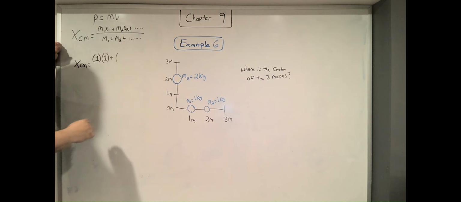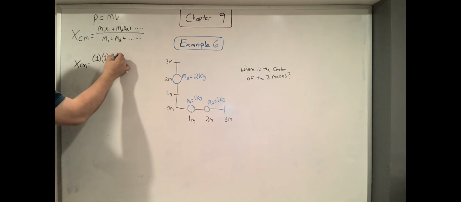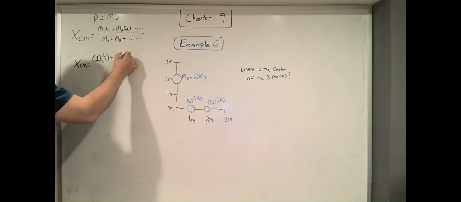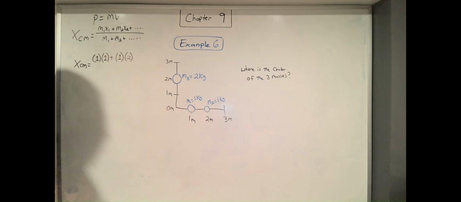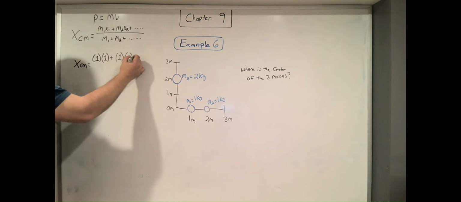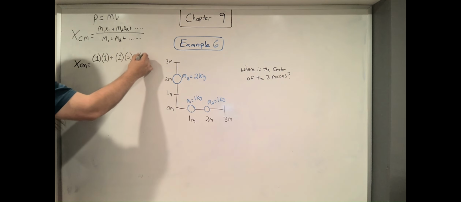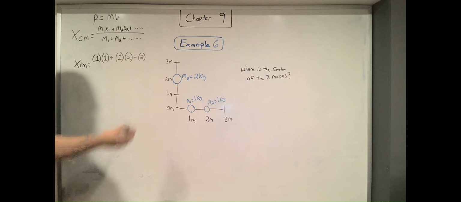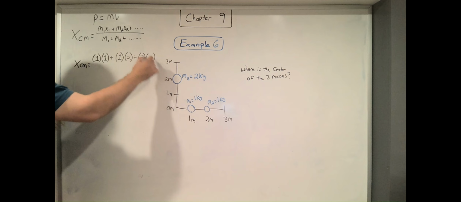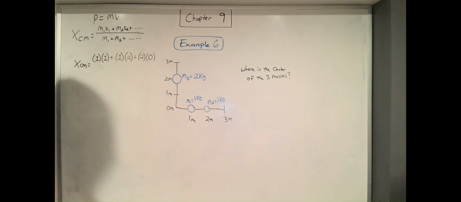Easy enough. Mass 2 is also 1 kilogram, located at 2 meters along the x-axis. And then finally, we do have a third mass. That mass is 2 kilograms. And where is it located on the x-axis? It is located at the 0 point.